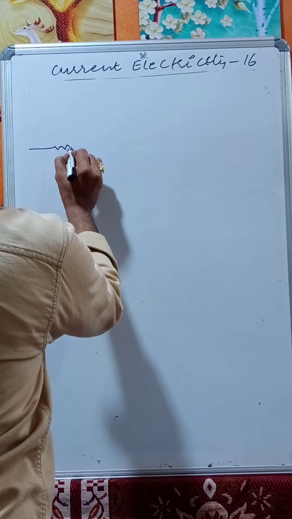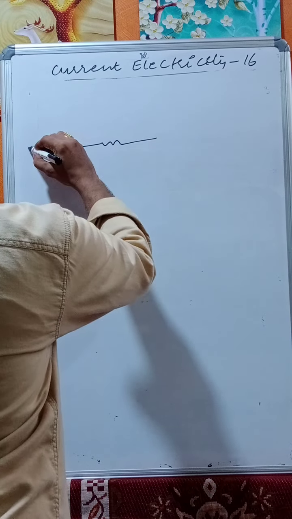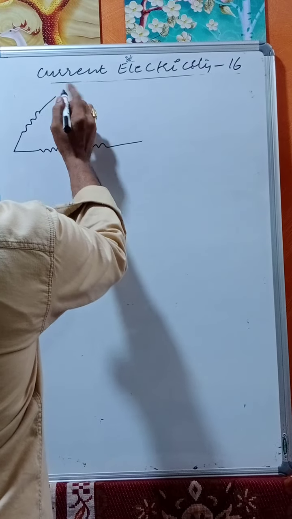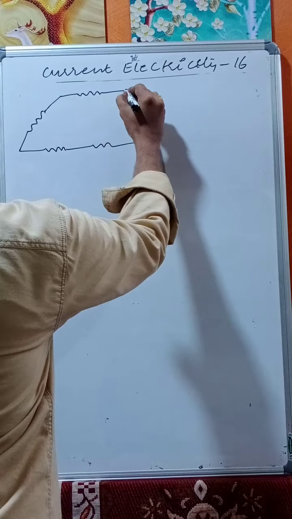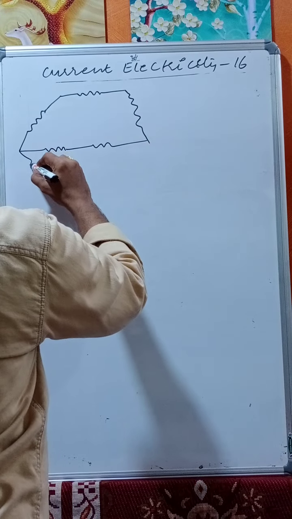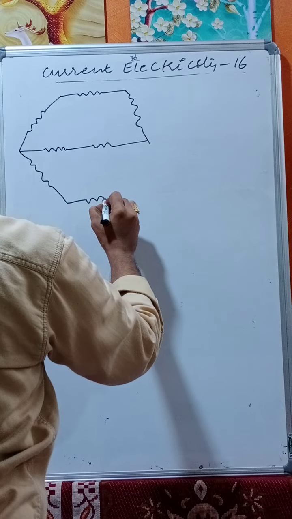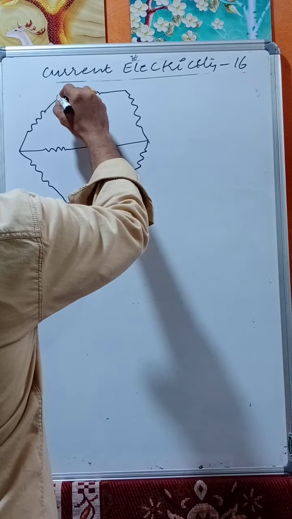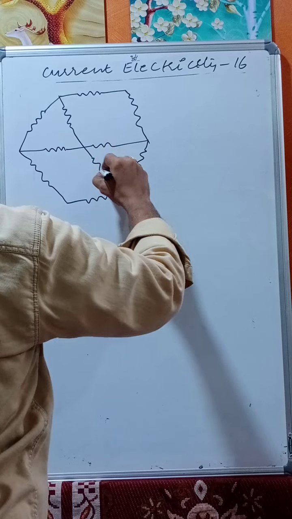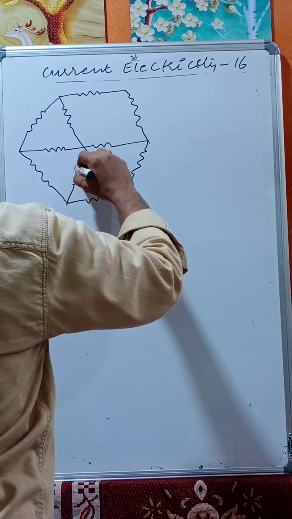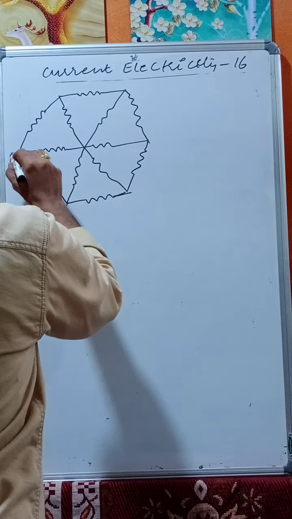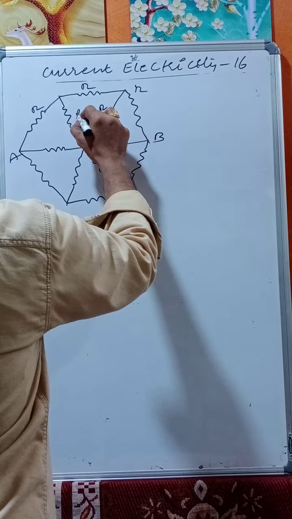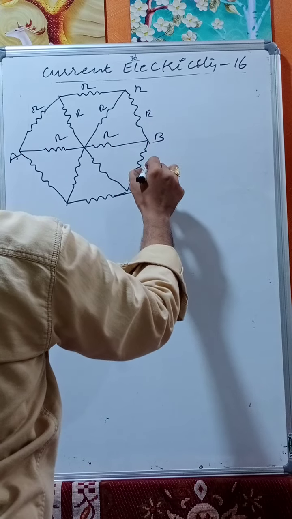So our problem is this. This is A, this is B, and these are all R's.